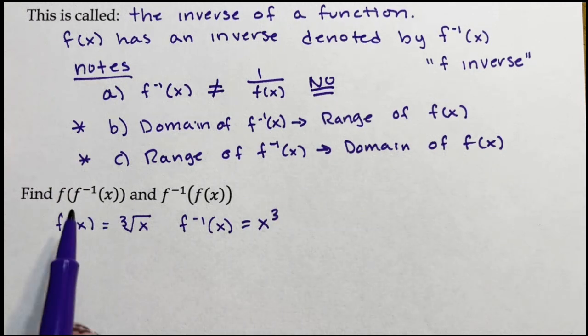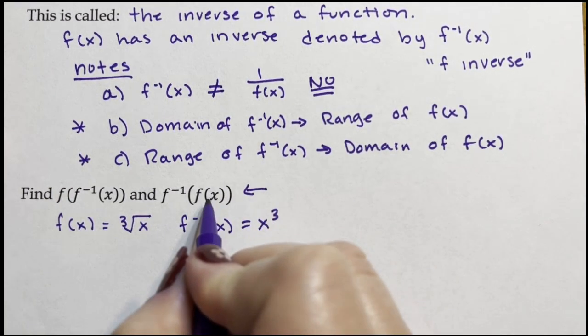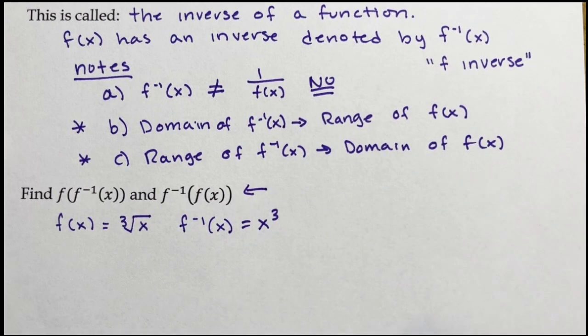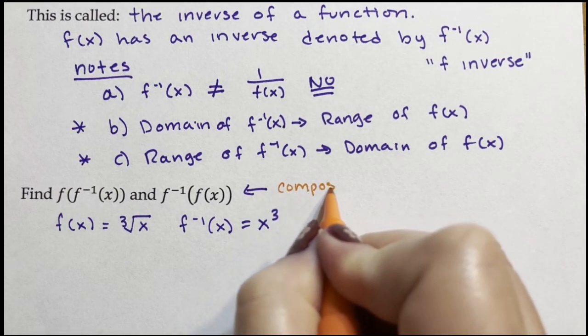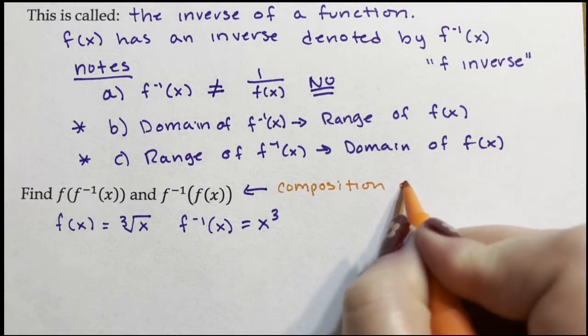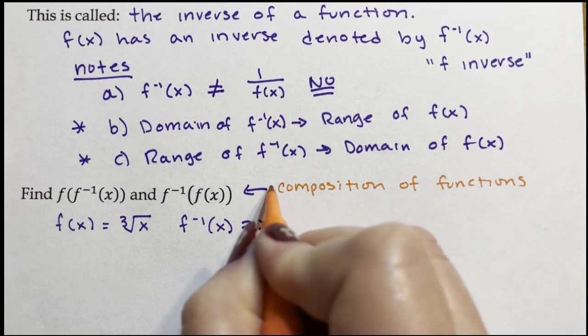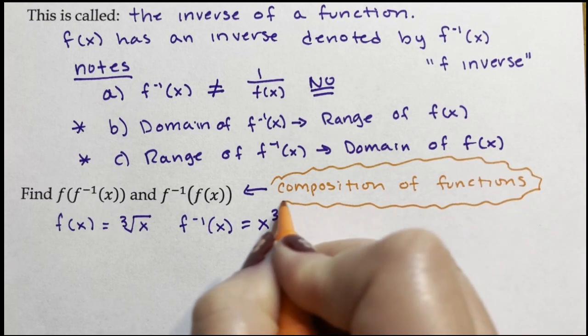And so what we're going to do is a few compositions. This right here, where you put a function as the input of another function, is a composition of functions. I have videos on that.